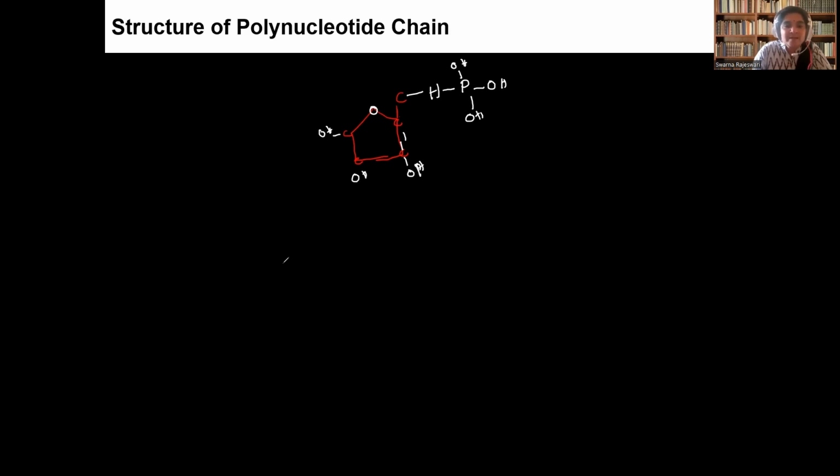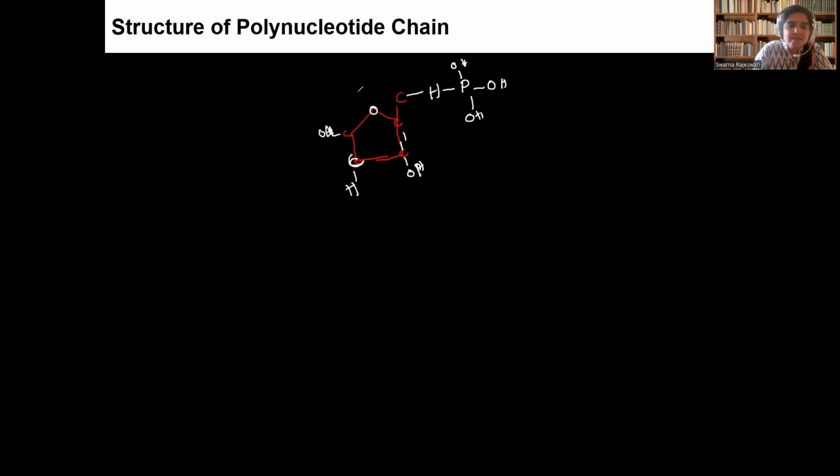But you have to remember, we are drawing the deoxyribonucleic acid. In the case of deoxyribonucleic acid, for the second carbon, there will be no oxygen. So that is why we are calling it deoxyribo. Here only hydrogen will be present.